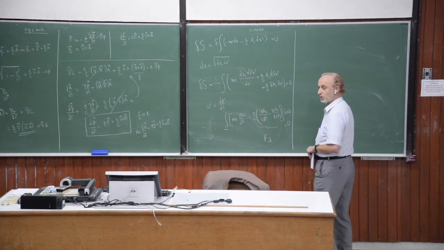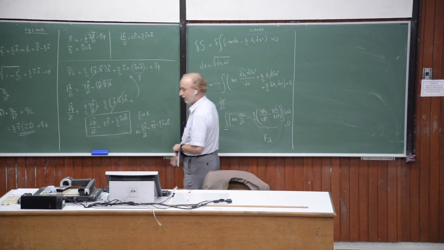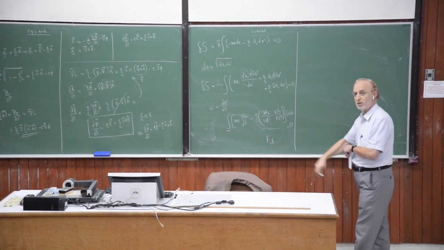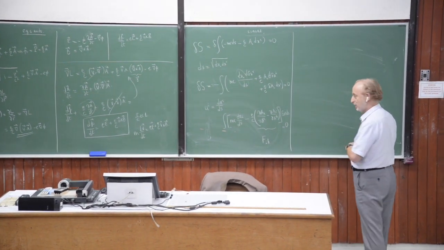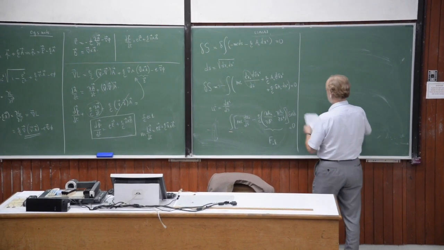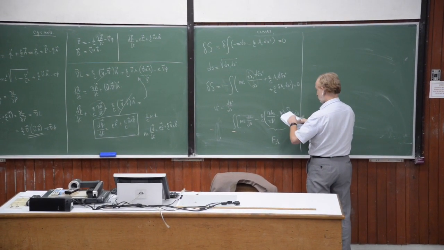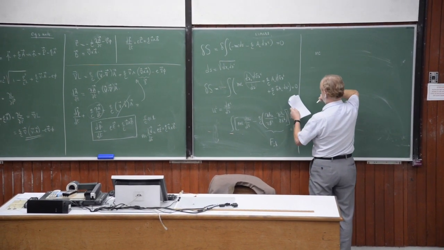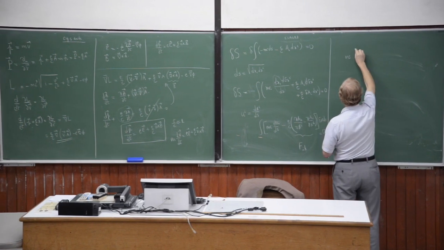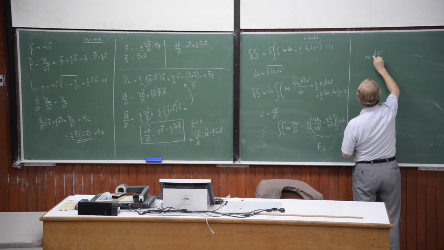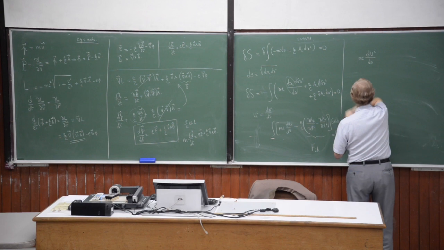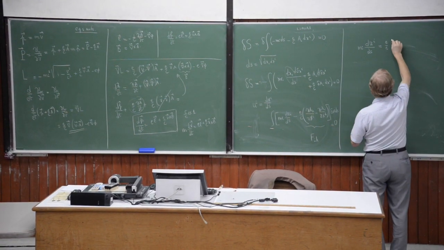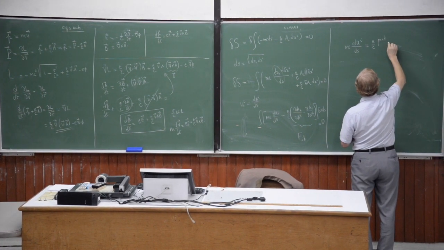And therefore, my equations of motion for the particle, since just this equation plus the time component of this equation, which is just the energy rate, tells me that mc du^i/ds is equal to e/c F^ik u_k.